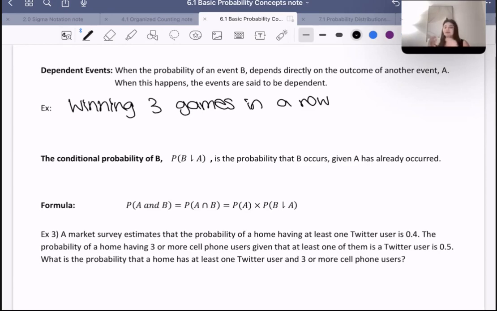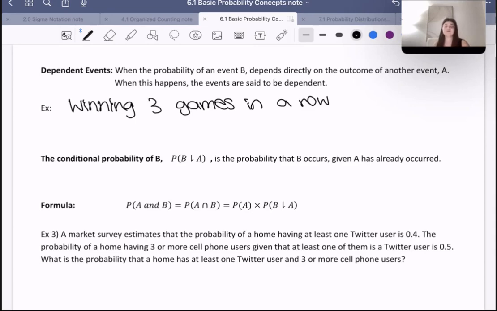Well, then the answer is 0. That's impossible. If we already rolled a 1, even if we roll a 6 on the other die, that only gets us 7, so it's impossible to make an 8 with a 1 and another number from 1 through 6. The probability of getting an 8 is 0 given that we already got a 1 on one of our dice.